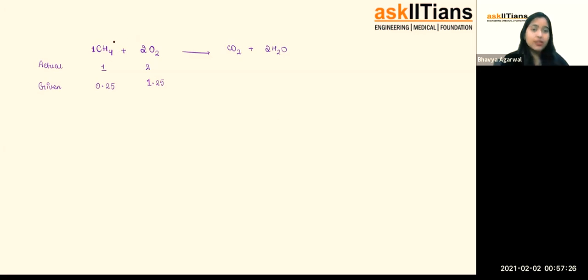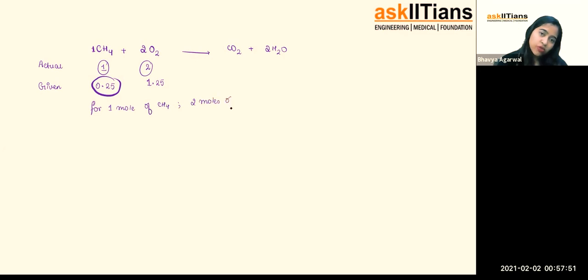Now I know that I need twice the amount of oxygen for complete reaction. I just need twice the amount. So for 1 mole, I need twice. For 1 mole of methane, we need 2 moles of oxygen.